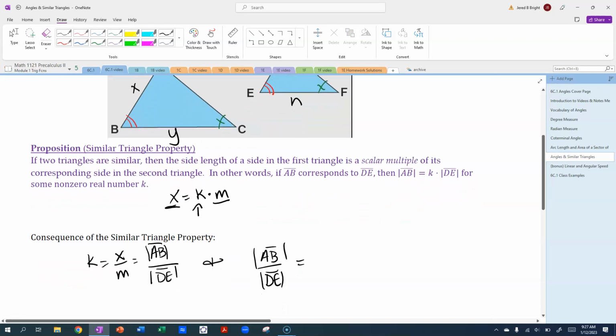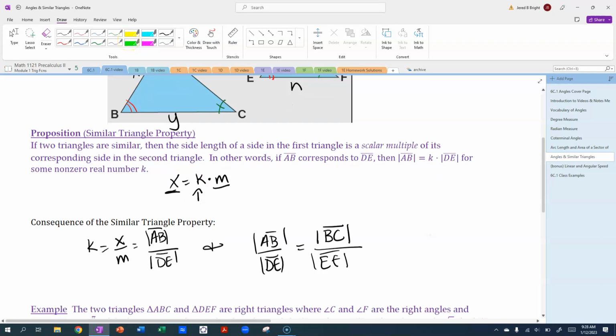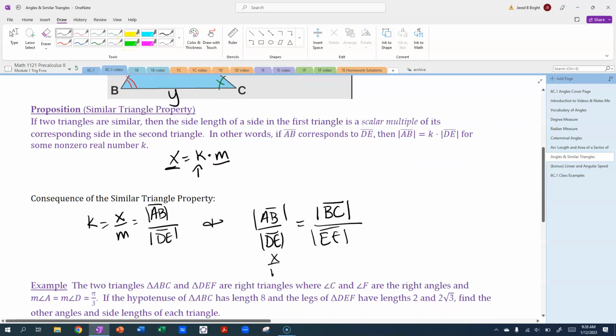We have to keep the side lengths the same in the corresponding triangle. If we start with the big triangle on top, we have to keep the big triangle side length on top as well. So we could do something like BC over EF and put those into correspondence. And then we have a nice proportion. This would translate to x over m is equal to y over n.